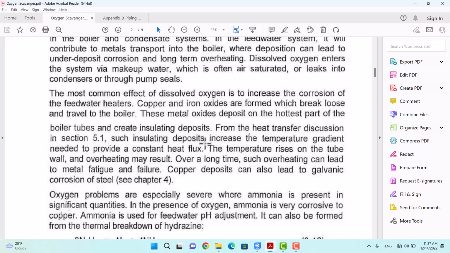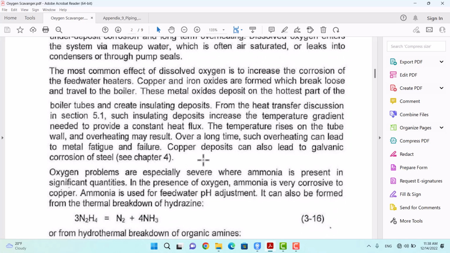Such insulating deposits increase the temperature gradient needed to provide a constant heat flux. The temperature rises on the tube wall and overheating may result. Over a long time, such overheating can lead to metal fatigue and failure. Copper deposits can also lead to galvanic corrosion of steel.